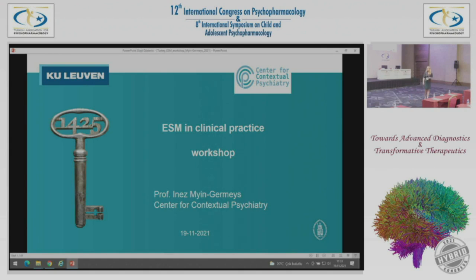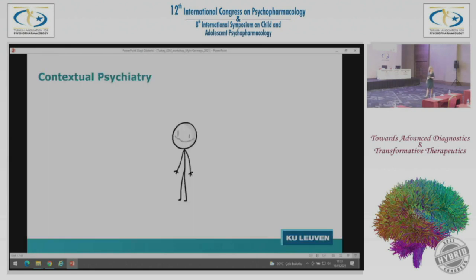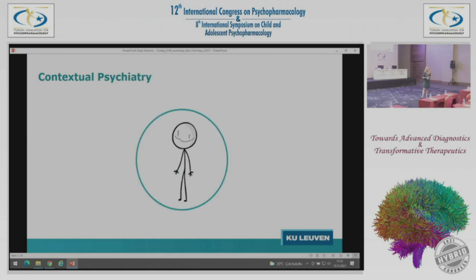So basically, I'm talking about experience sampling. And for those of you who were not attending my talk earlier, I will shortly introduce it again. It's within the field of contextual psychiatry, the idea that symptoms do not just occur out of nothing, but that people live in a certain environment, have a certain context, and that the interaction with that context is relevant in when symptoms occur.